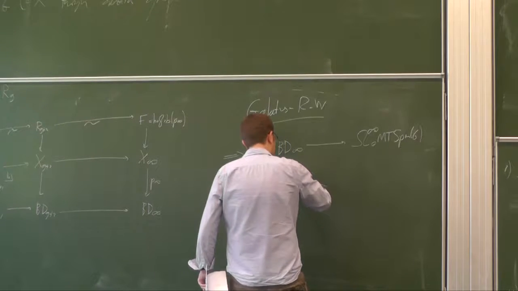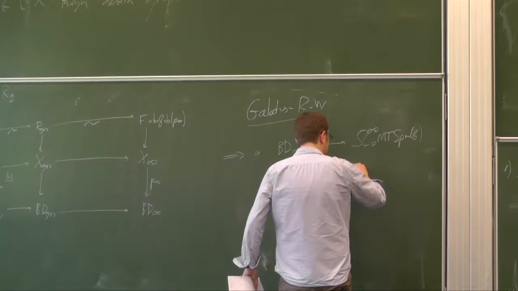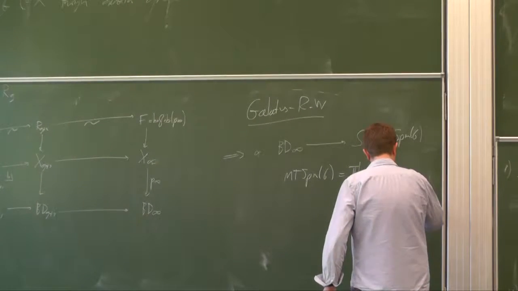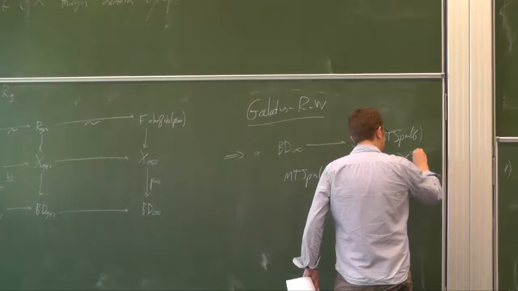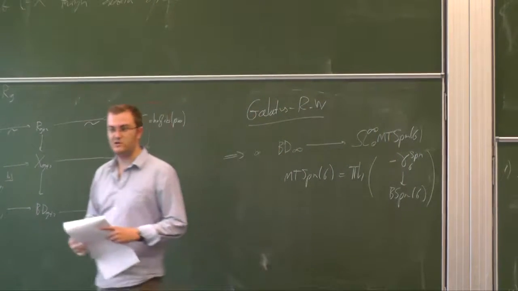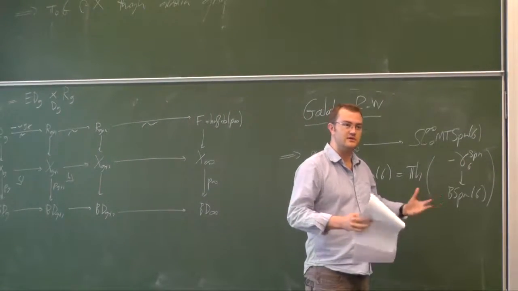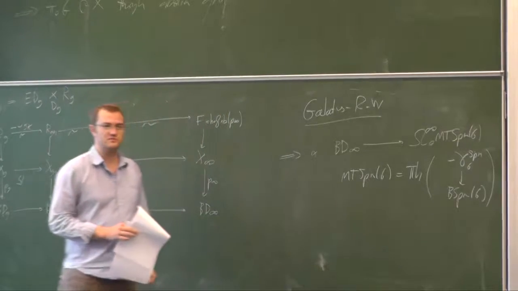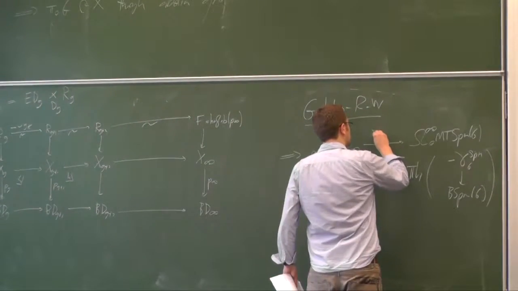And let me just remind you here, MT Spin 6 is the Thom spectrum of, you take E Spin 6, and you take minus the canonical 6-dimensional bundle of that. Okay, so you can take a Thom space, which is a spectrum. You can take a Thom spectrum of a virtual bundle. So that's what that was, and this was the Pontryagin-Thom map.